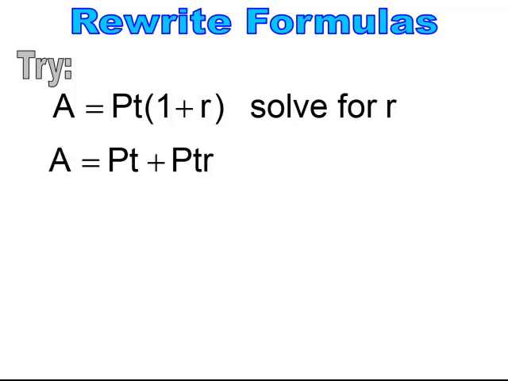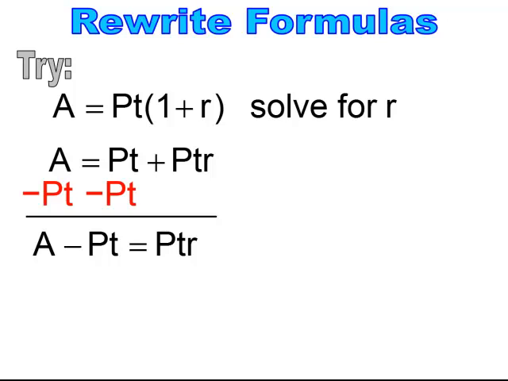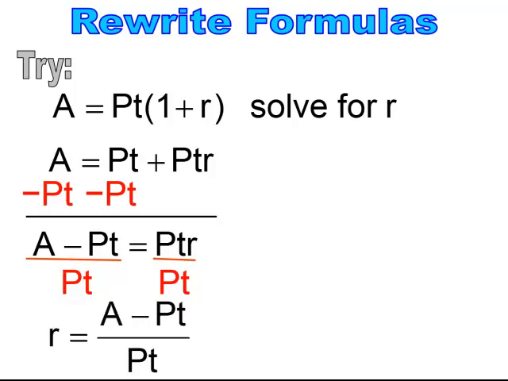So in this case, I chose to do the distributive property with that pt. I multiply the pt to the 1, which gives me pt, and I multiply the pt to the r, which gives me ptr. And then I'm going to solve for r by first subtracting the pt, and I get A minus pt equals the ptr, and then I'll divide everything by the pt to get r by itself.